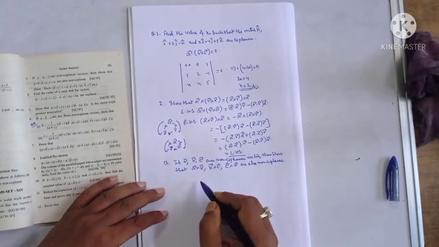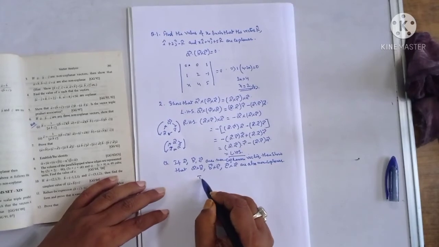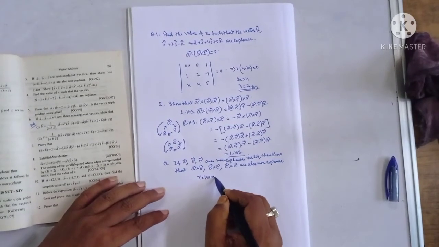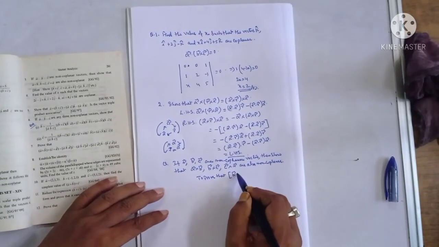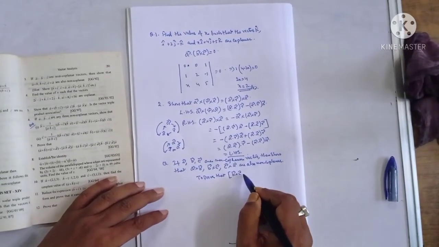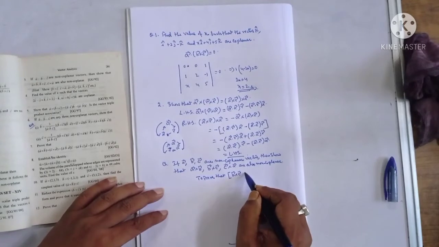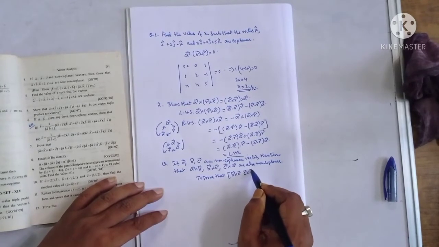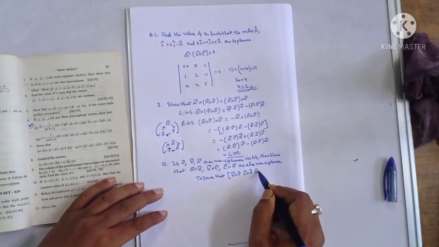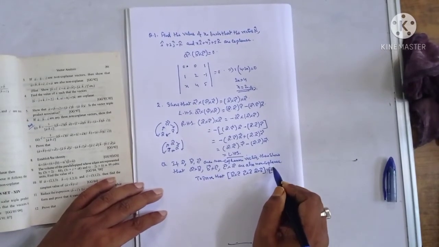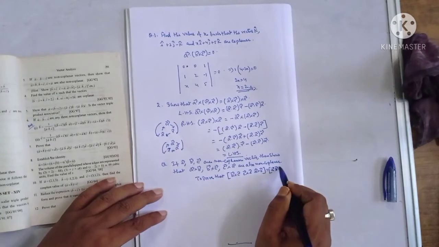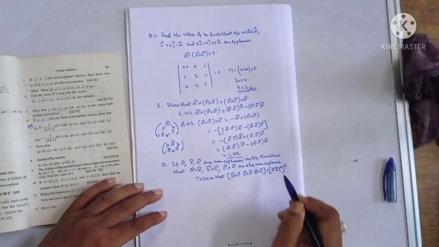To prove this, we have to prove that this your B vector cross C vector, C vector cross A vector cross B vector, this is equal to A vector, B vector, C vector the whole square. This you have to prove.